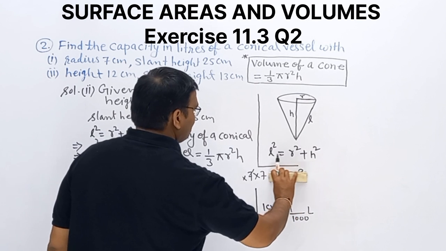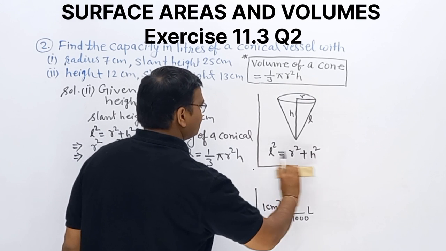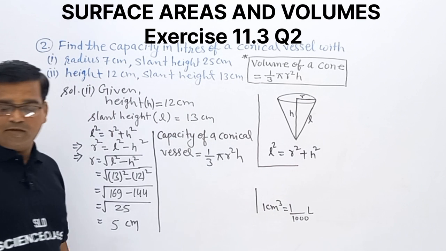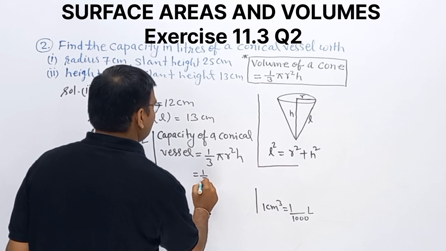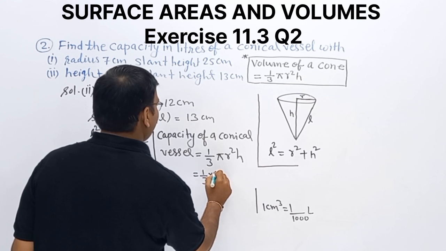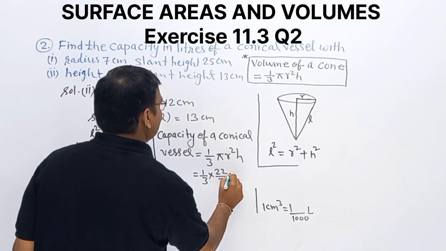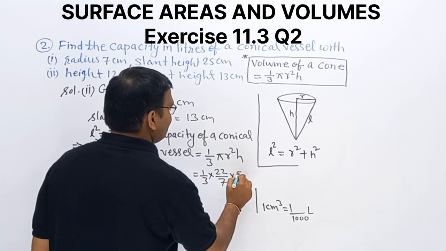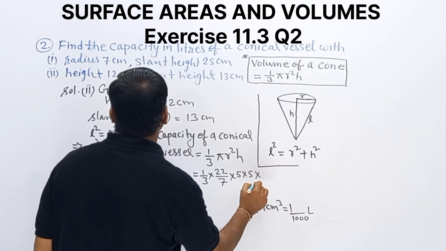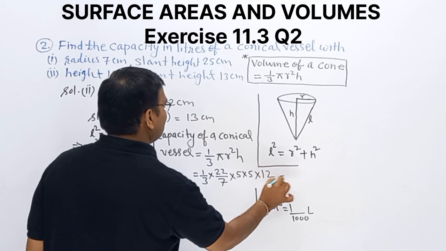How will we solve? Observe carefully. Again the same formula, 1 upon 3 pi r square h. 1 upon 3 pi is what? 22 by 7 into r square, r is what, 5, 5 into 5, and h we have in the question, 12.